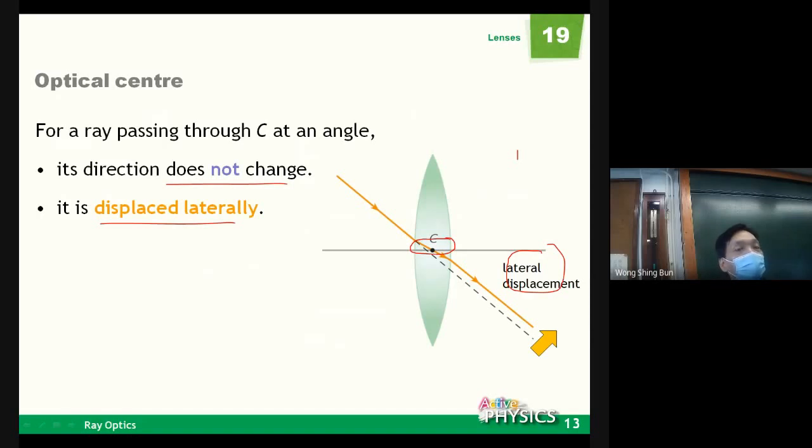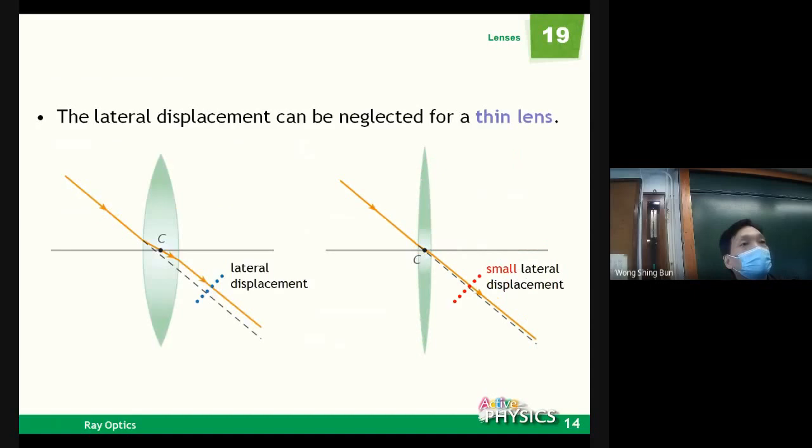In our examination, we can think that this one is a straight line. Although you should know that if this one is too thick, this one should not be a straight line. We will have a lateral displacement.